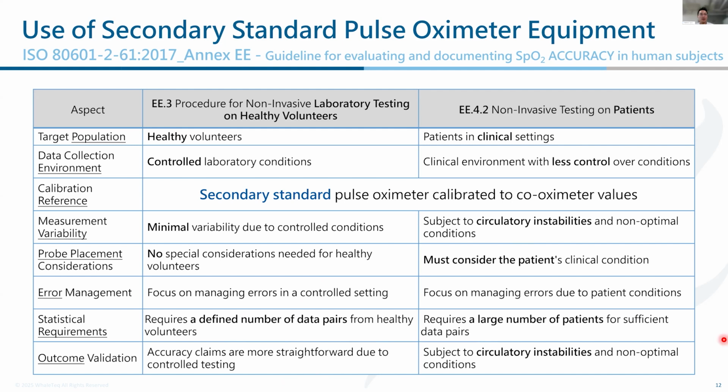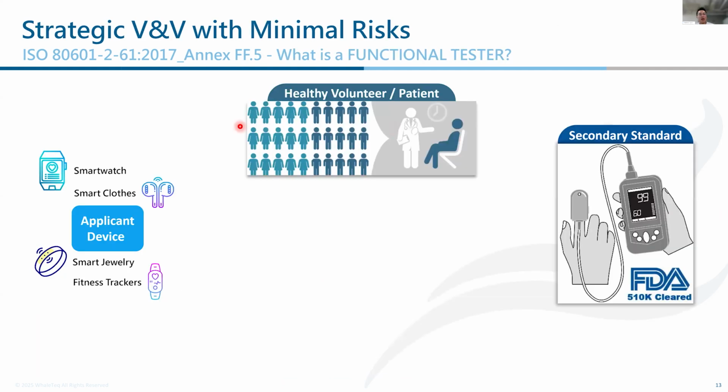All right, so this is actually what happens in the procedure, either with healthy volunteers or patients. The applicant device can be a smartwatch, smart clothes, smart earphones, smart jewelry like a smart ring, or just a heart rate tracker.